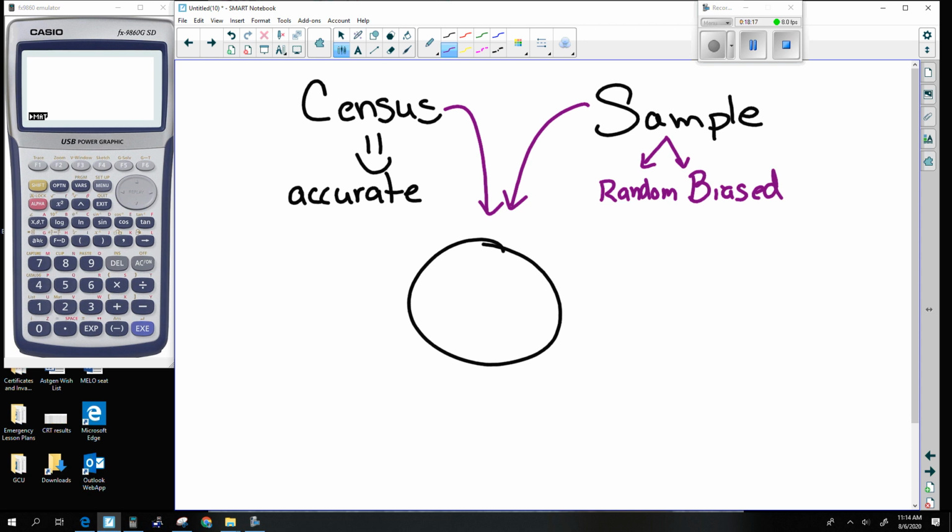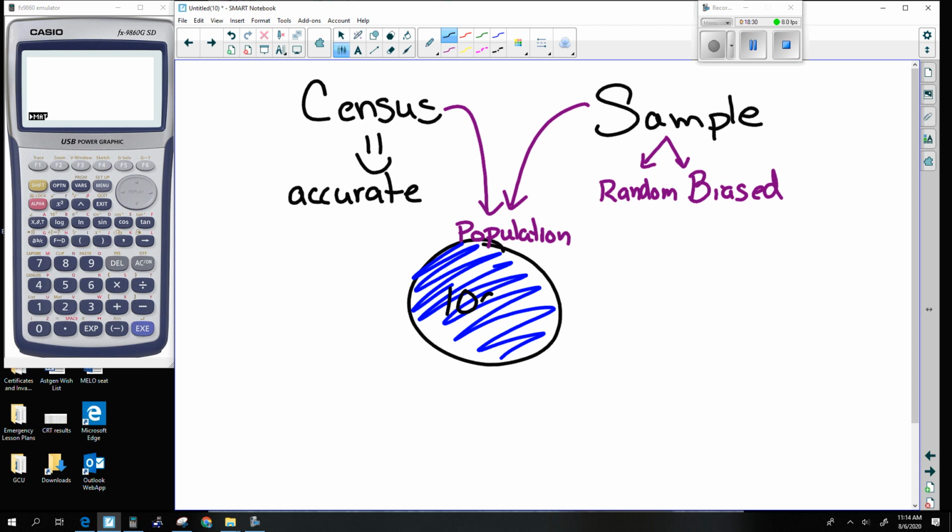If you take a census, what you have to do is, if this is the population, you have to ask everybody, 100% of that population. You can't miss anybody. So if you want to know an answer to something, you have to ask everybody, regardless of how big that population is.